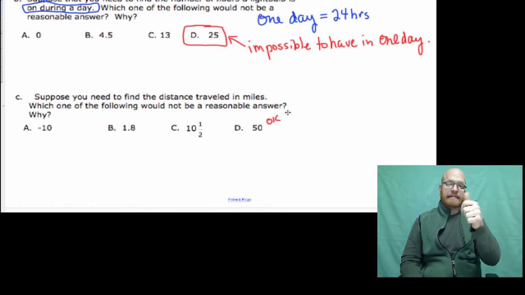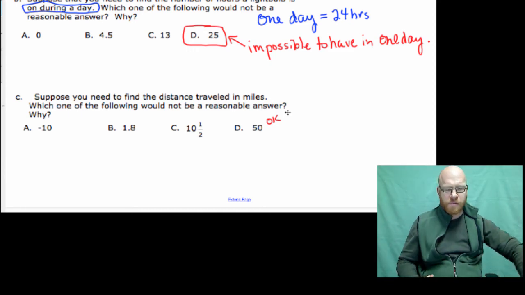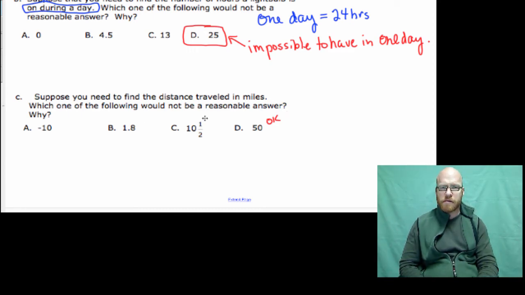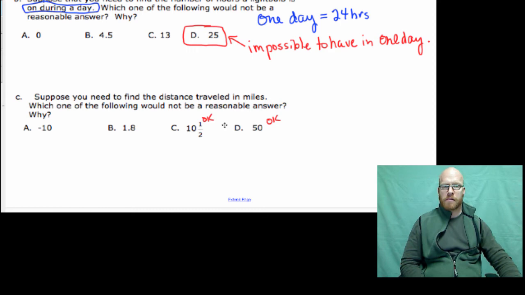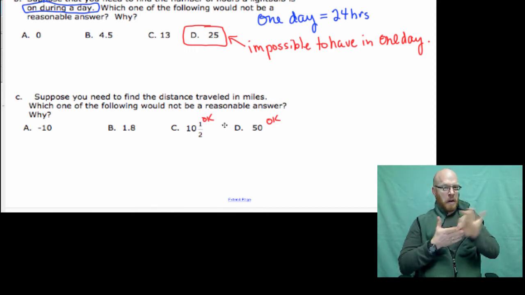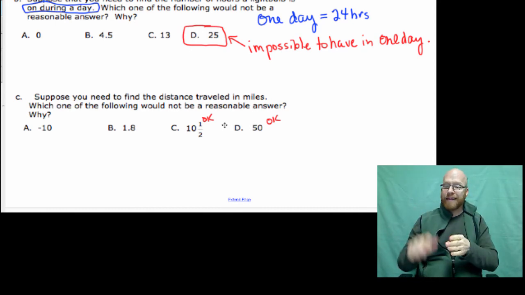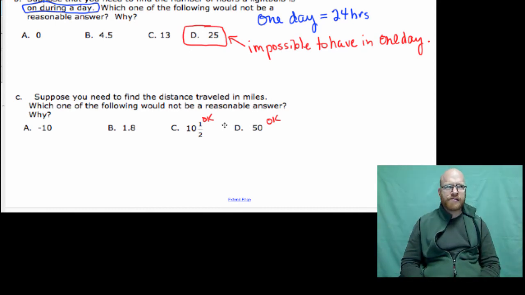I could drive 10.5 miles. It's a short trip, but I can do it. 1.8 miles, that's extremely short. I wouldn't count that as a trip, but it can be done. It's reasonable.